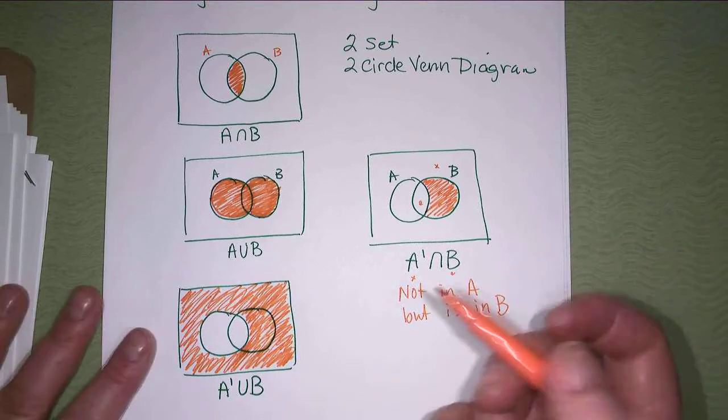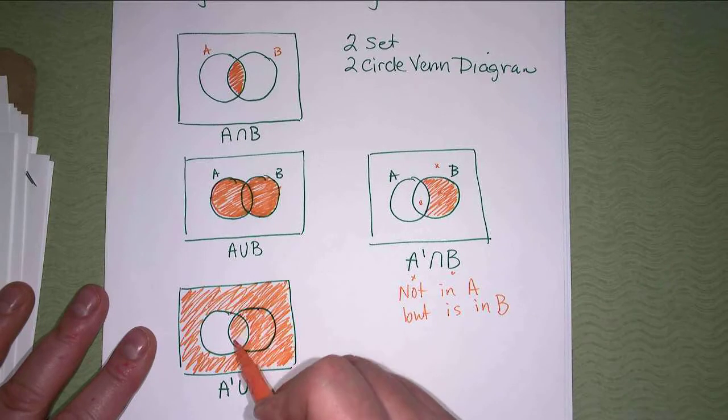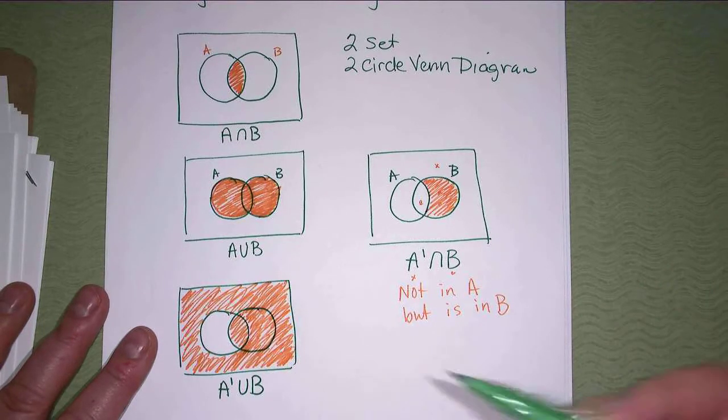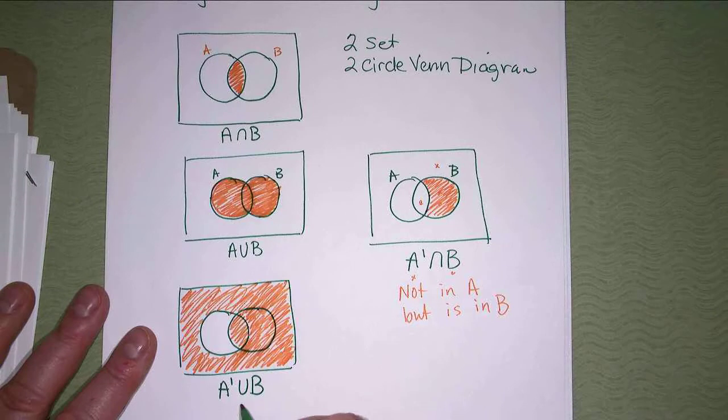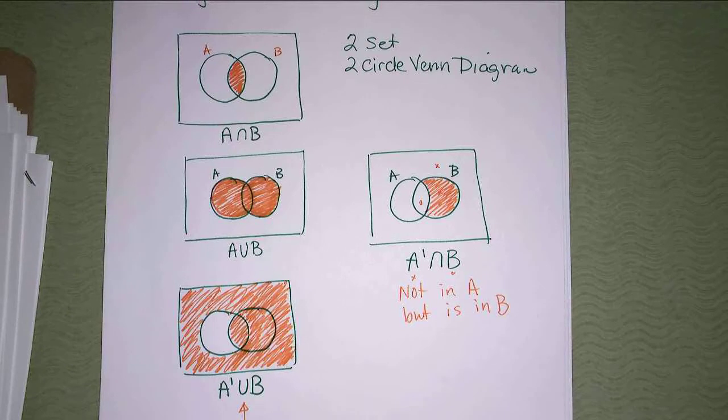So what do we do? Color the rest of B. So A prime union B, whenever there's a union, it's just like add A prime to B. Everyone gets to go. You don't take anyone away. Intersection, though, you might have to think about it, because it's where they both are.